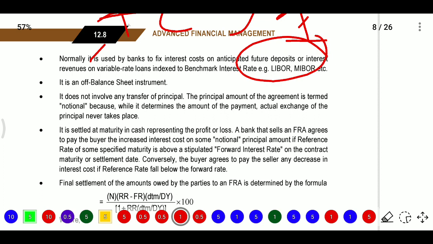Here banks will fix the interest rate cost because they anticipate future deposits or interest revenues on variable loans which are indexed to benchmark rates. And it is an off balance sheet instrument.